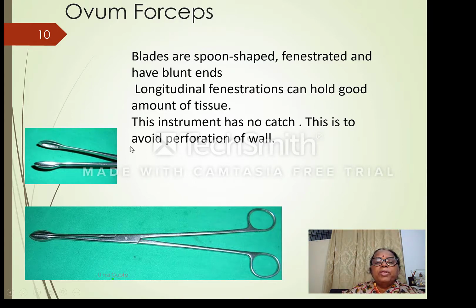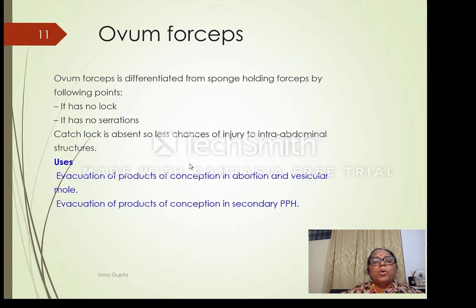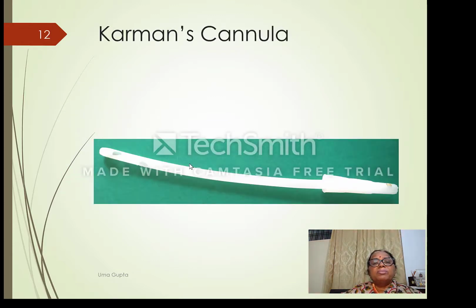And because it is not having a catch, it helps in avoiding perforation of the wall. Uses: it is used for evacuation of the products of conceptus, especially abortion and vesicular mole, and it is also used for removing the products of conception in secondary postpartum hemorrhage.